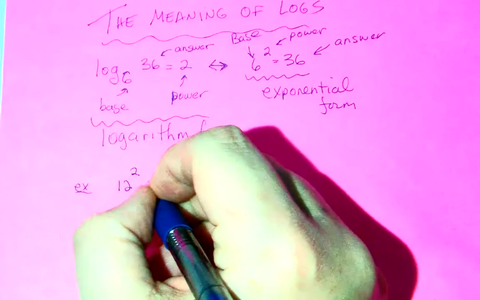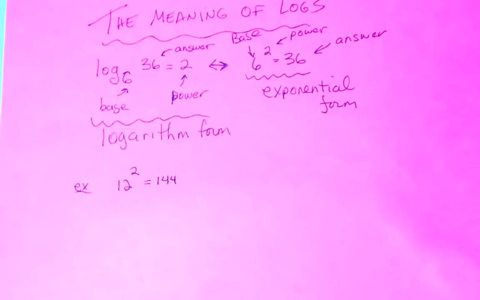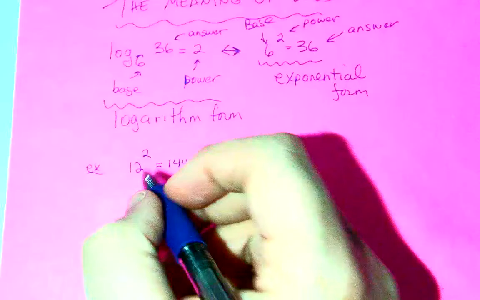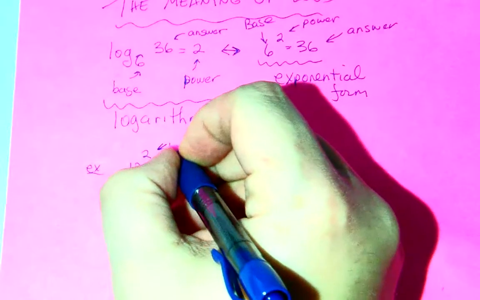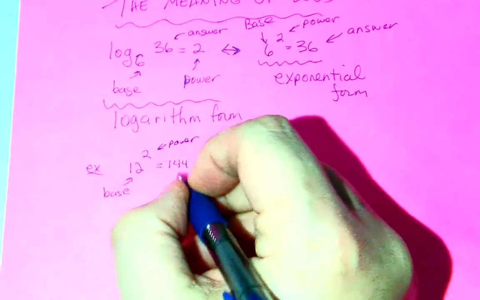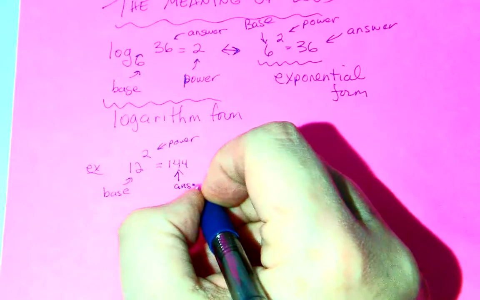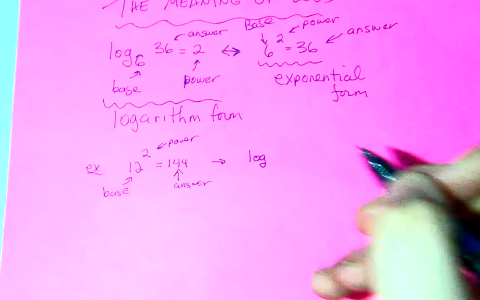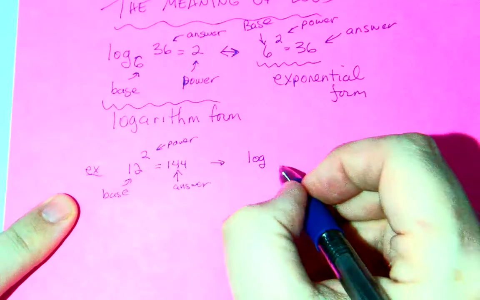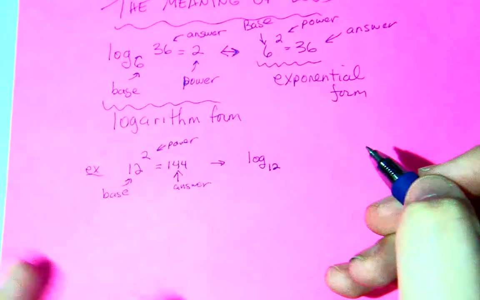Now, for example, 12 squared is equal to 144. Well, duh. If we look at this, there's my base, there's my power, there's my answer. I can convert this to a log. The base is 12, so I'm going to put a base of 12 here.